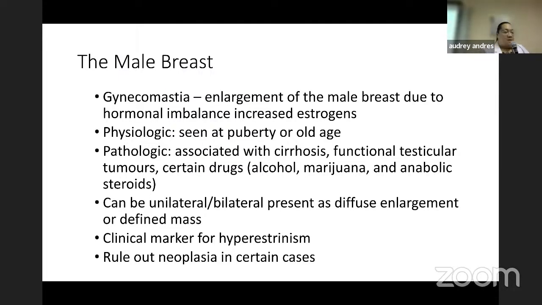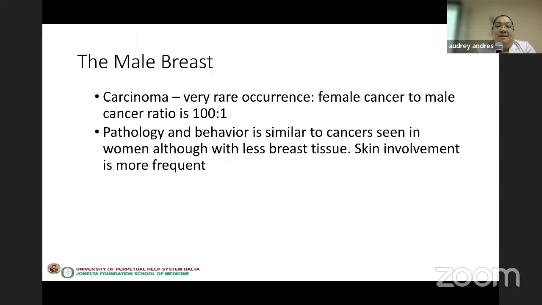So that is gynecomastia, enlargement of the male breast due to hormonal imbalance. Some are physiologic, seen at puberty or old age, but there's also pathology associated with liver disease, testicular tumors, drugs, and the like. It can be unilateral or bilateral, and present as diffuse enlargement. So it's a clinical marker of hyperestrogenism, and even if it's male, you have to rule out neoplasia.